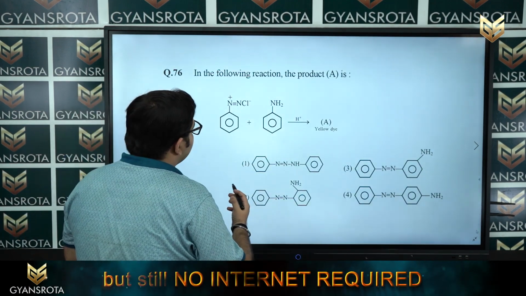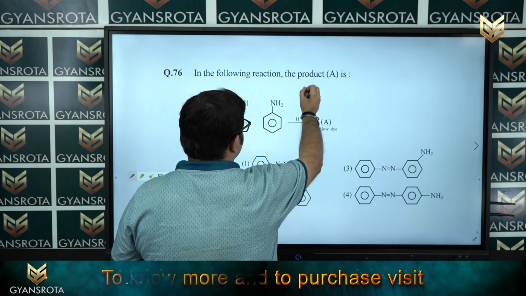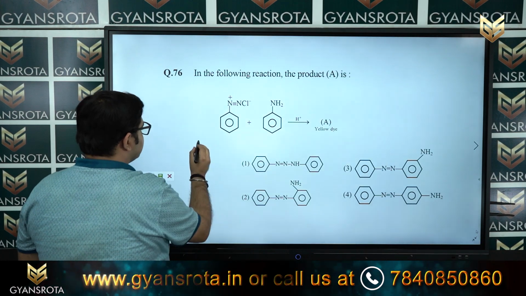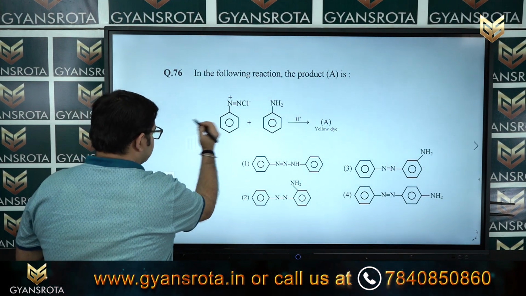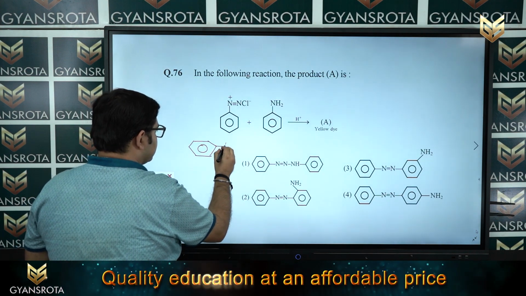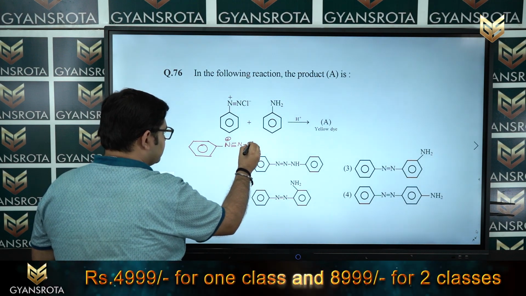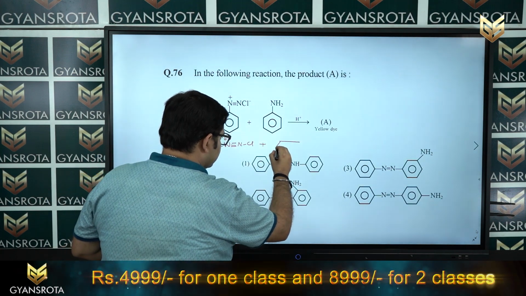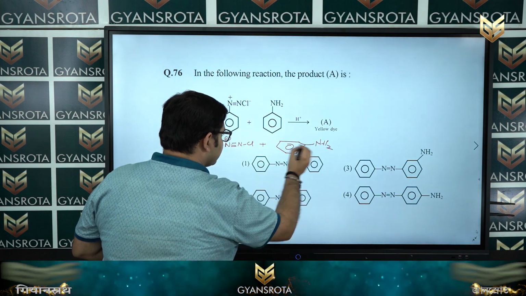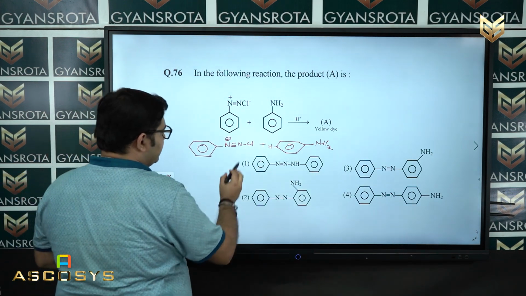So how will it form? The main question is how it will form. Now see, this is called benzene diazonium salt. So the structure will be, now these two are the structures.